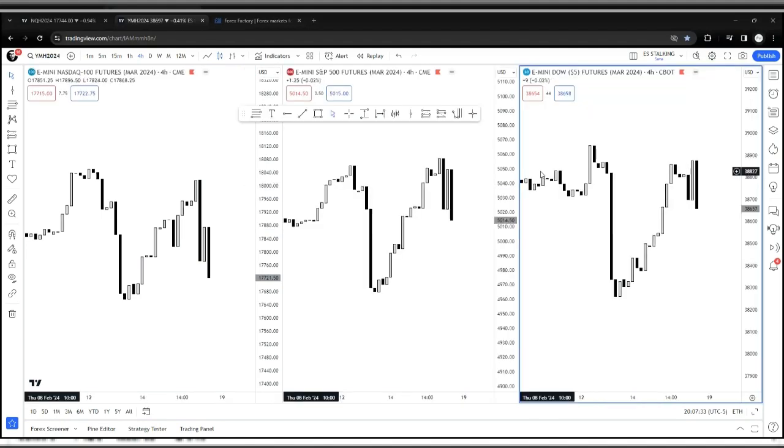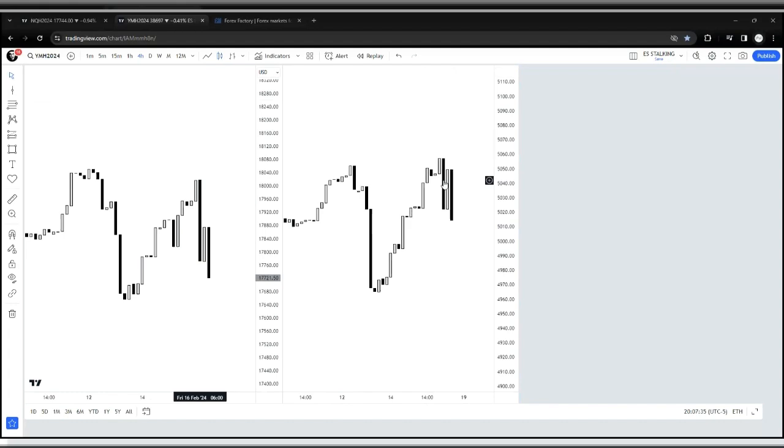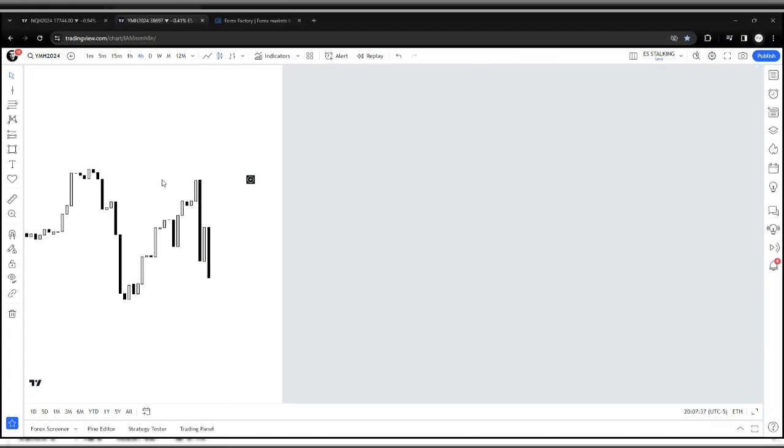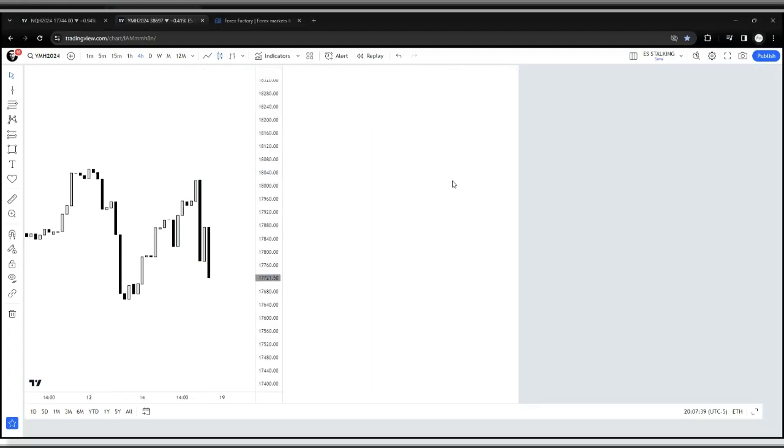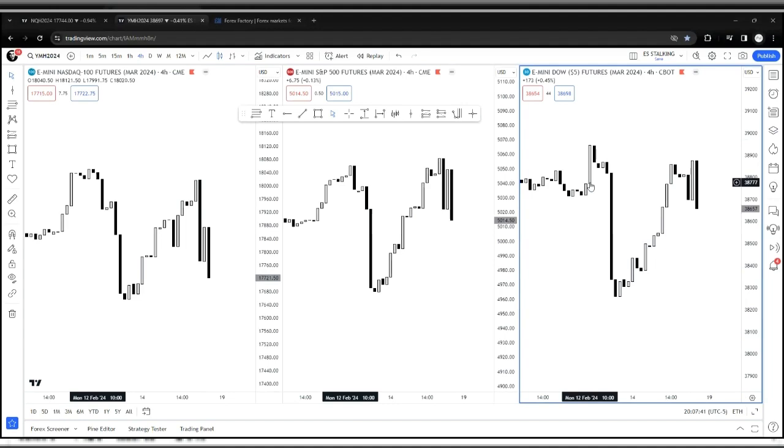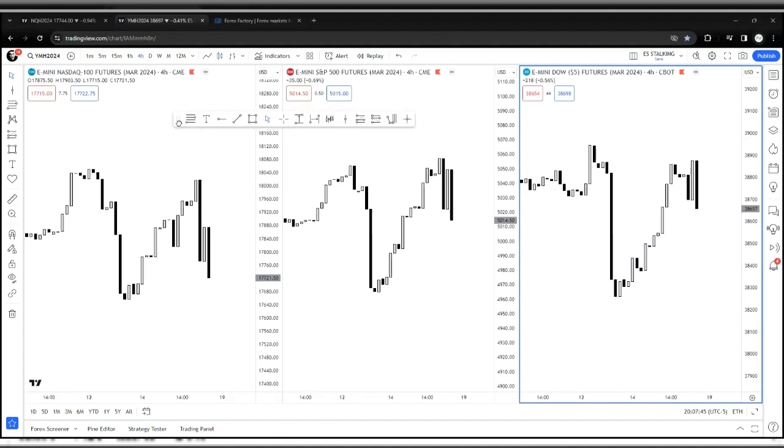But you want to have at least three, right? If you're trading gold, you could have DXY, gold, and silver, and so on. And if you're trading crypto, then you can use Bitcoin, Ethereum, and XRP, right?